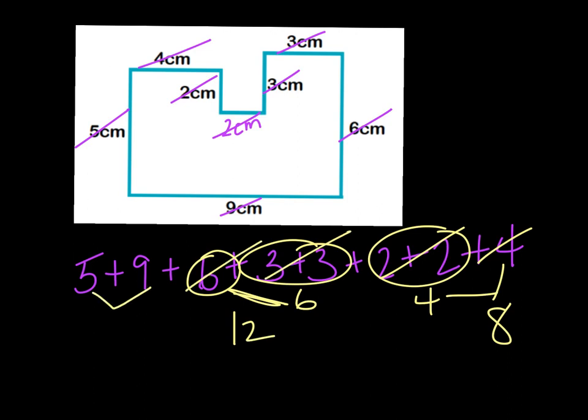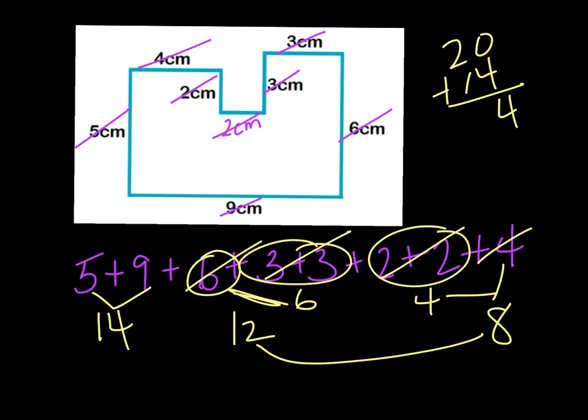And then I know 5 plus 9, if I use magic 9, is 14. I can add these two together and get 20. So now I have 20 plus 14, which is 34. And we know that it's centimeters. So I hope that that's the answer that you got.